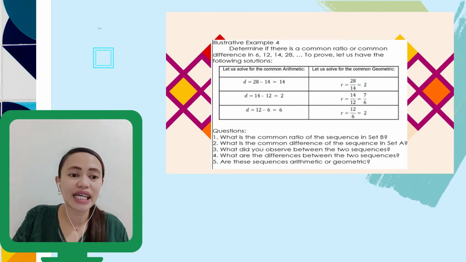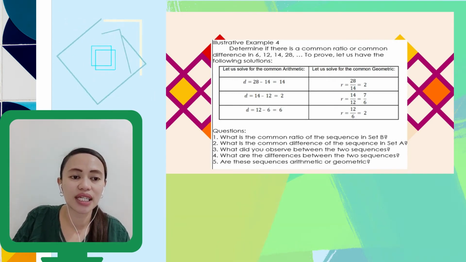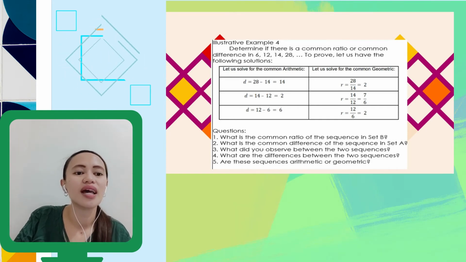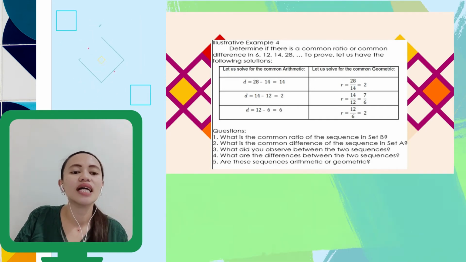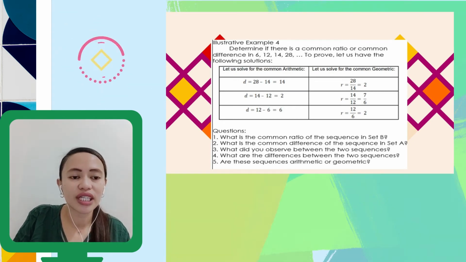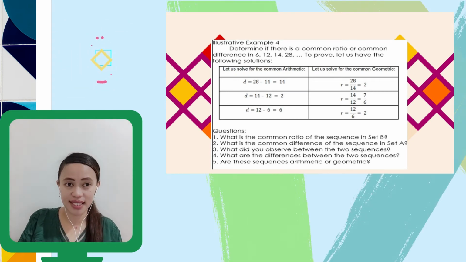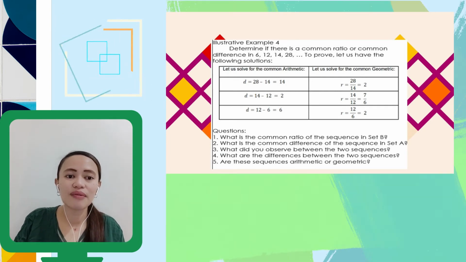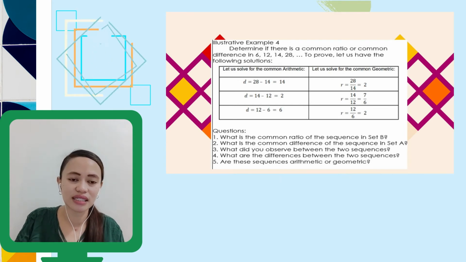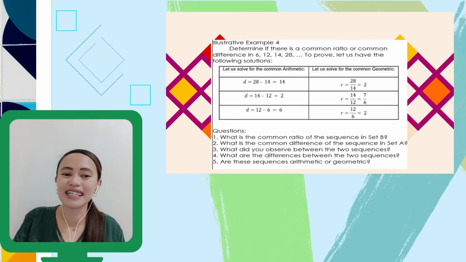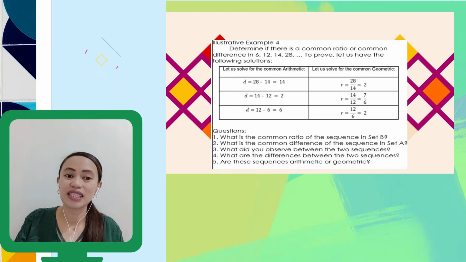Now, let's get the common ratio. 28 divided by 14, we have 2. 14 divided by 12, we have 7 over 6. 12 divided by 6, we have 2. Are these sequences arithmetic or not? What do you think? Okay.